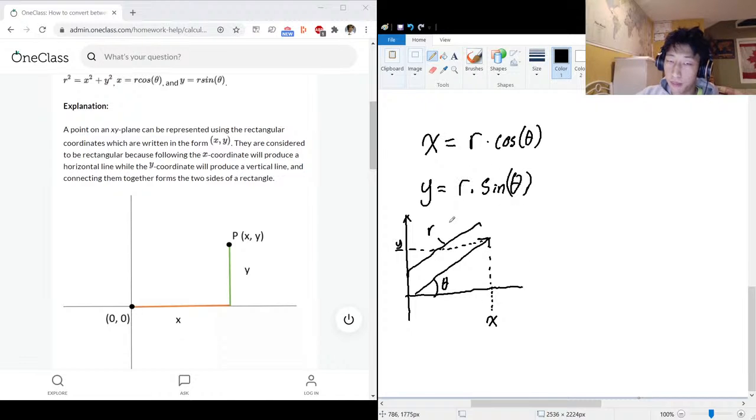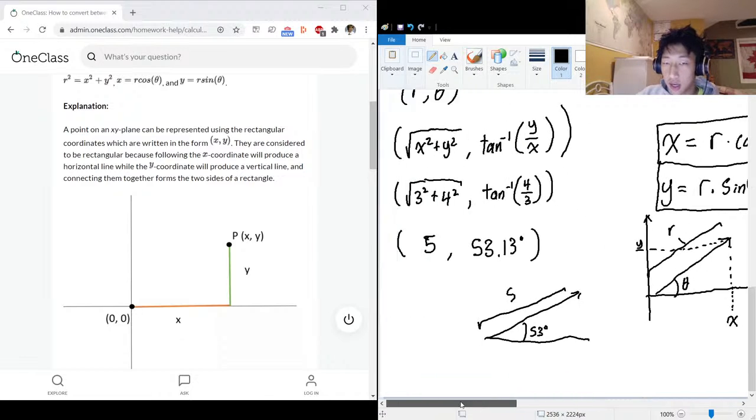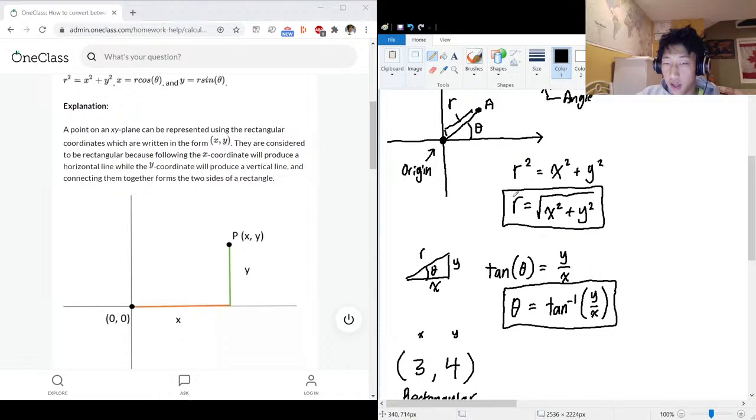We multiply them by the actual value of the hypotenuse, and we will calculate y. So these are also key equations if we want to go between polar and rectangular. These two equations, as well as these two equations.